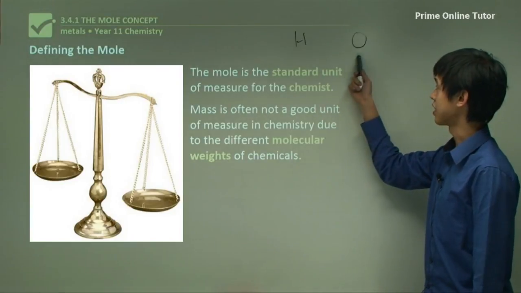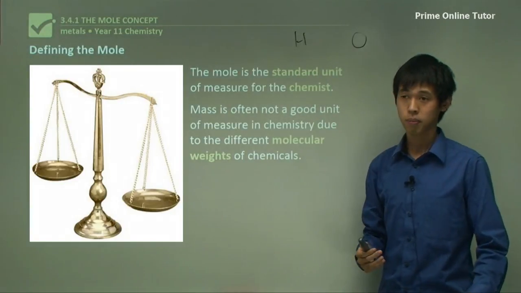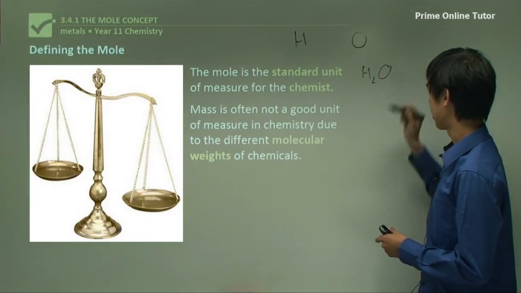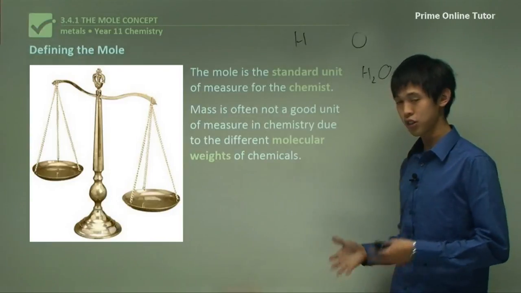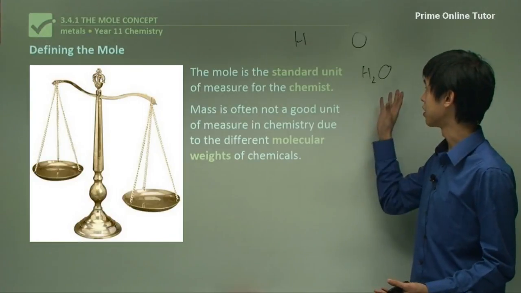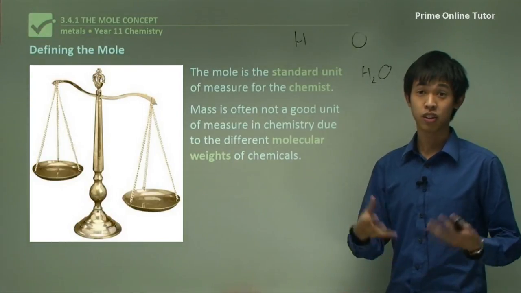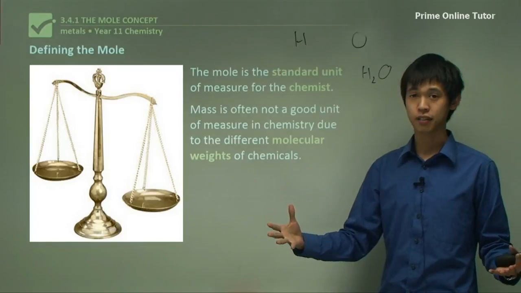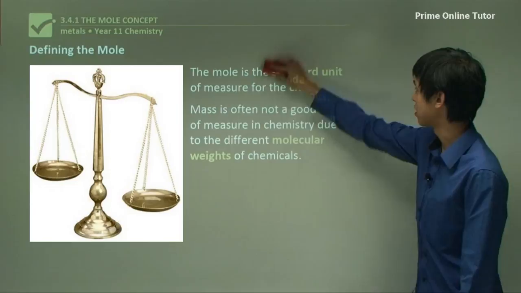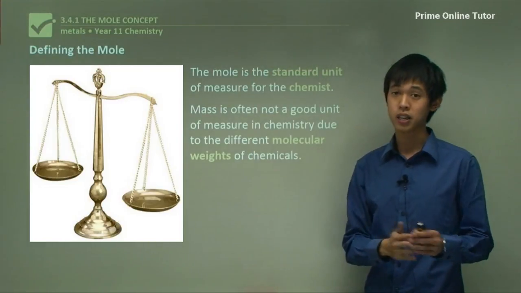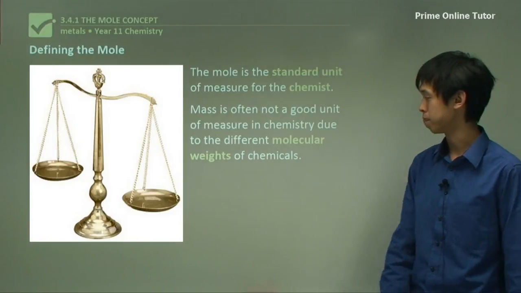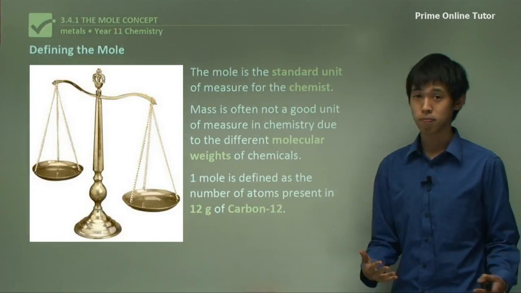So this thing's 16 times bigger than this, yet they bond together to give you water, right? So just by looking at the masses of things won't tell you a lot, simply because they can weigh a massively different amount. And so that's why chemists tend to avoid using mass straight away. They tend to work in moles first and then eventually work back to mass later at the end of the problem. So what is a mole exactly?